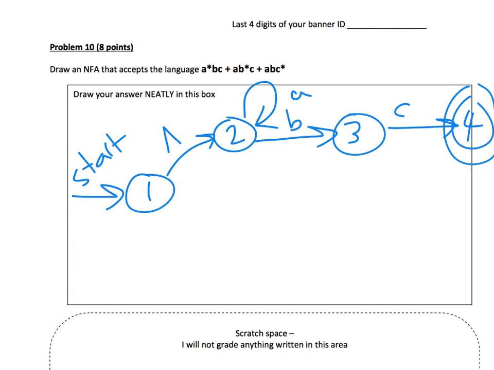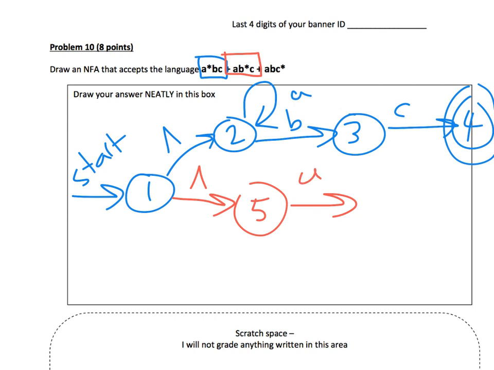And then it says or AB star C. Maybe I'll try and colorize this a little bit. So for this AB star C part, we'll have another lambda jump, and otherwise, there's state 5, you could have an A go to state 6, and state 6 has as many B's as you want.